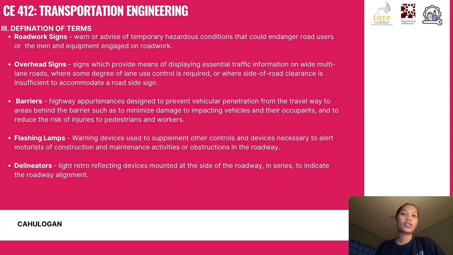Next, we have barriers. Barriers serve to guide traffic around construction zones, inform drivers of potential hazards, and designate areas where access is restricted. Next we have flashing lamps. Flashing lamps are warning devices used to aid other controls and devices necessary to alert drivers of construction and maintenance activities. Next will be delineators. These are devices designed to guide drivers by marking road edges, lanes, and curbs.